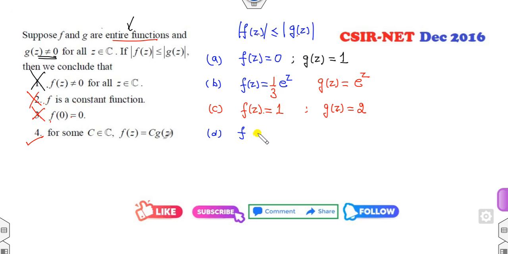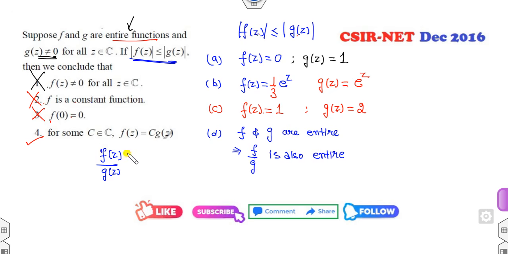You can see f and g are entire functions. Fine. That means f over g is also an entire function. But from this case, I can say the modulus of f of z over g of z is less than or equal to 1.